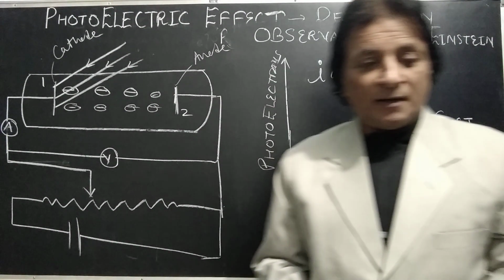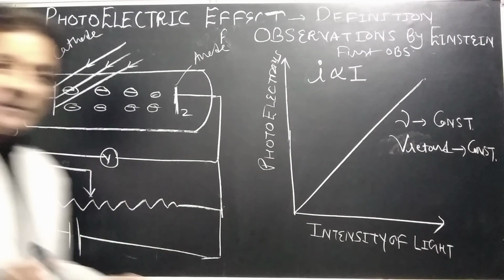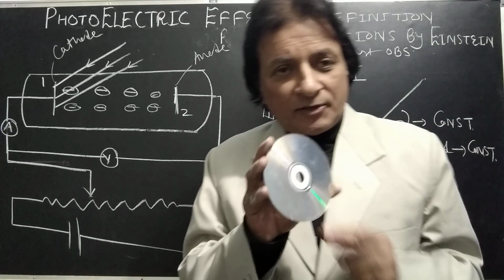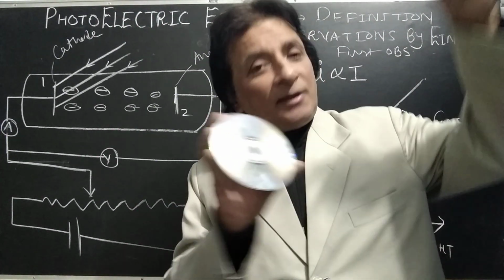For example, if I have this CD with me, this compact disc, and on this CD the light is falling.